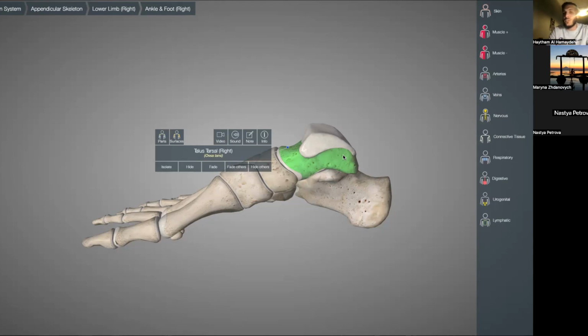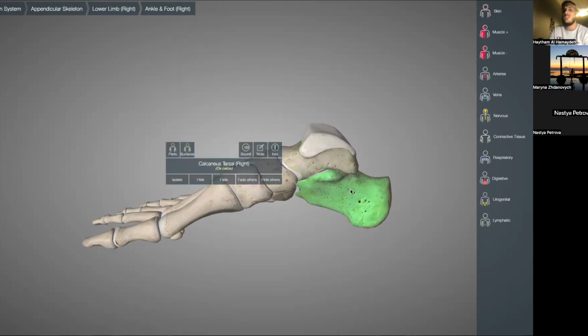The inferior surface of the talus is made up of a calcaneal articular surface, which articulates with the calcaneus in the subtalar joint between the talus and the calcaneus. And anteriorly, it is made up of an anterior articular surface that takes part in the joint between the talus and the navicular, which is called the talonavicular joint. Okay.